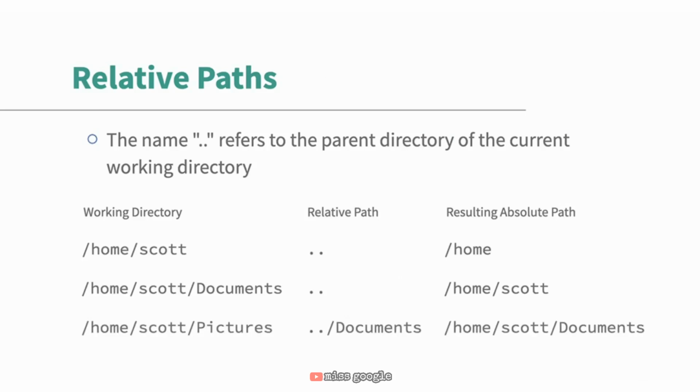So from the previous example, if I was working inside my pictures directory, the relative path ../documents would correctly refer to my documents directory because the path tells the system to move to the parent directory of pictures, which is my home directory, and then move into documents, which is located in the home directory. We'll use this shortcut a lot when working at the command line, and we'll see that in a hands-on way in just a little bit.